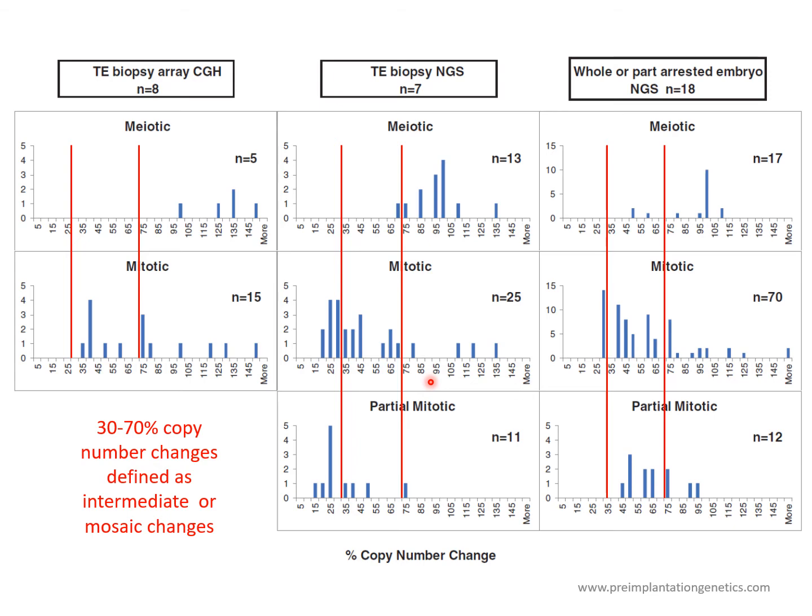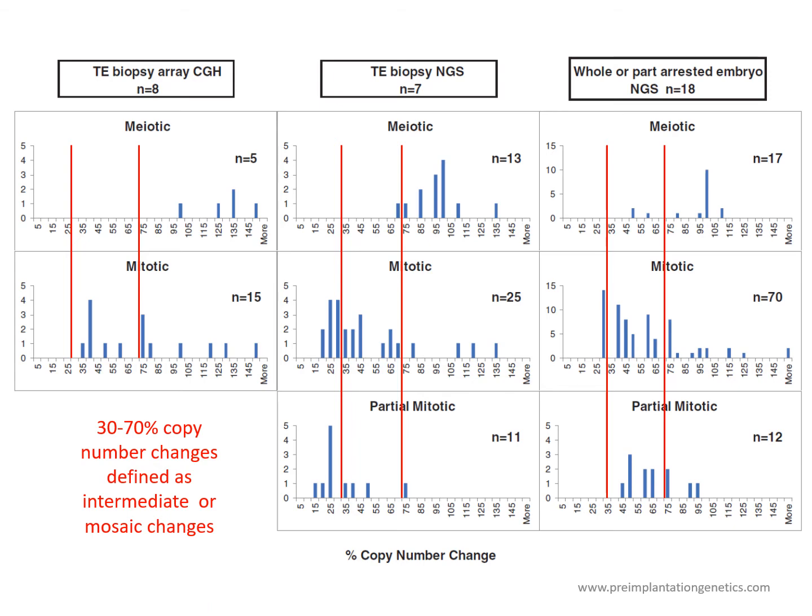There have been various papers that have shown that there can be multiple losses at that stage, and have resulted in this situation where you get what appears to be 100% copy number changes or more in the trophectoderm biopsies. So this requires further investigation and is interesting.